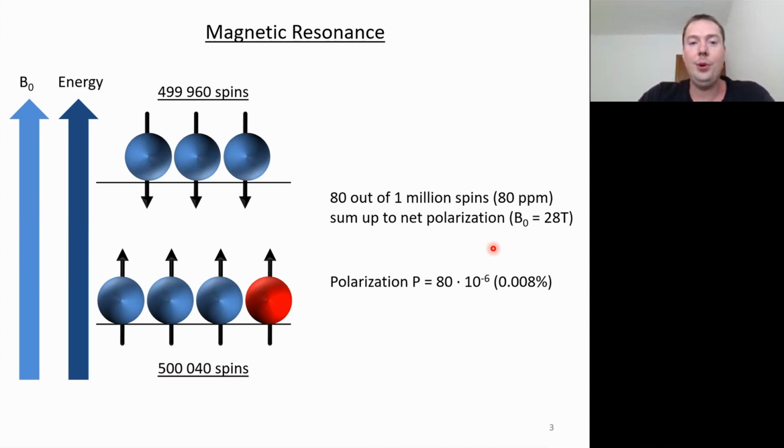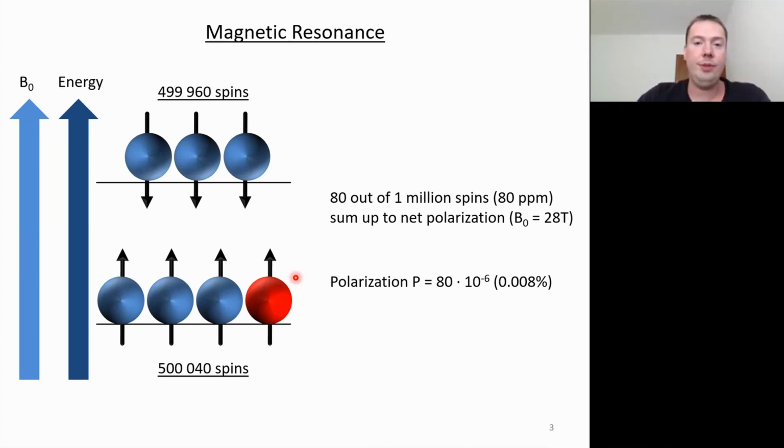If you put 1 million protons into this magnetic field, then your spin polarization is actually something like 80 ppm, right? So since we're just looking at magnetization difference or orientation differences, we can only get 80 ppm, shown by this particular red spin over here, that contributes to our net magnetization.